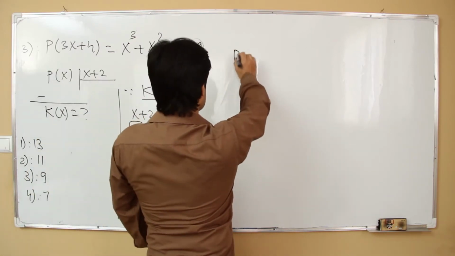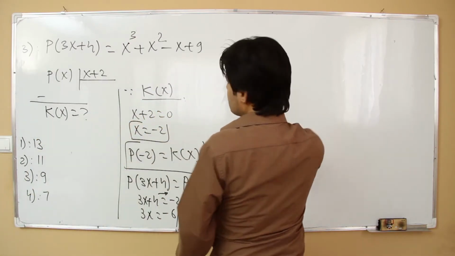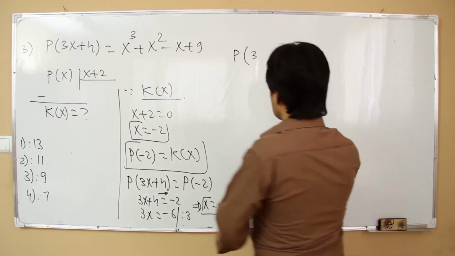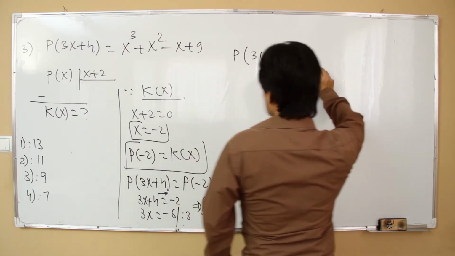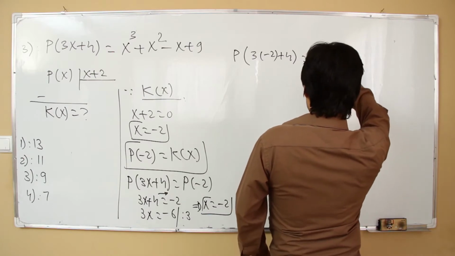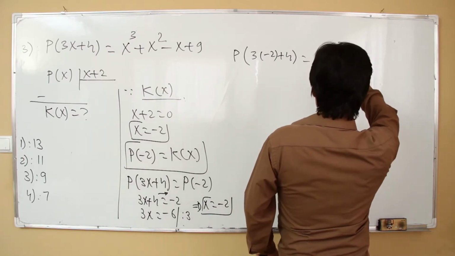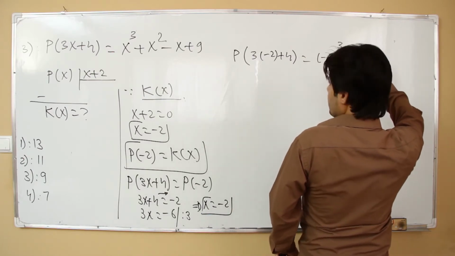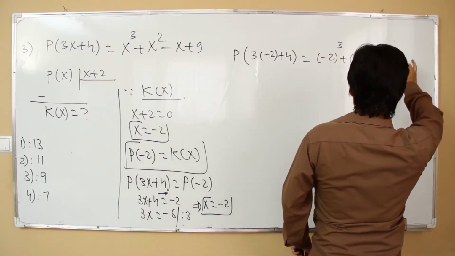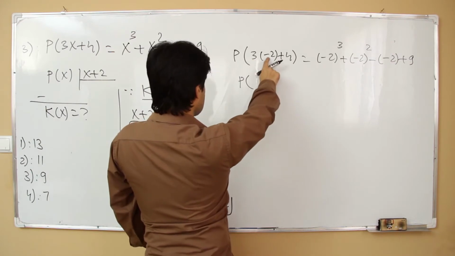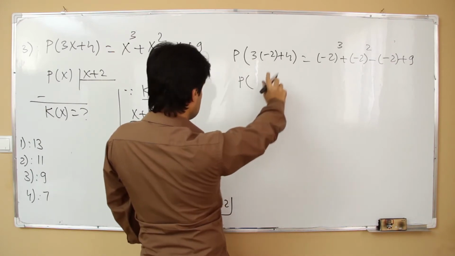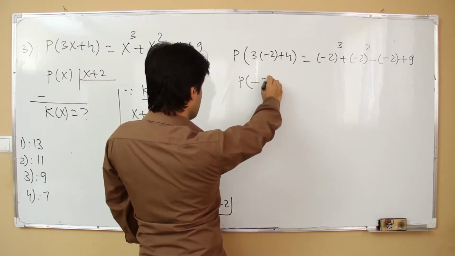So p 3 times minus 2 plus 4 is equal to minus 2 cubed plus minus 2 squared minus minus 2 plus 9. Now 3 times minus 2 is minus 6. Minus 6 plus 4 is minus 2.